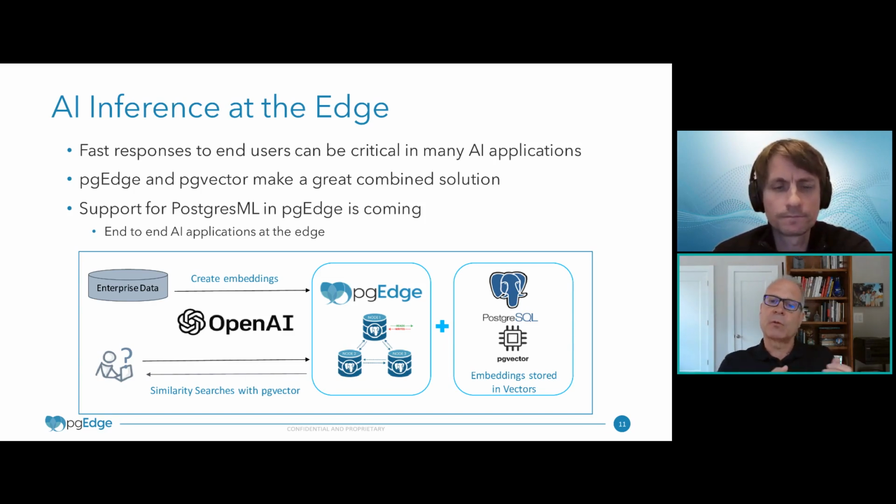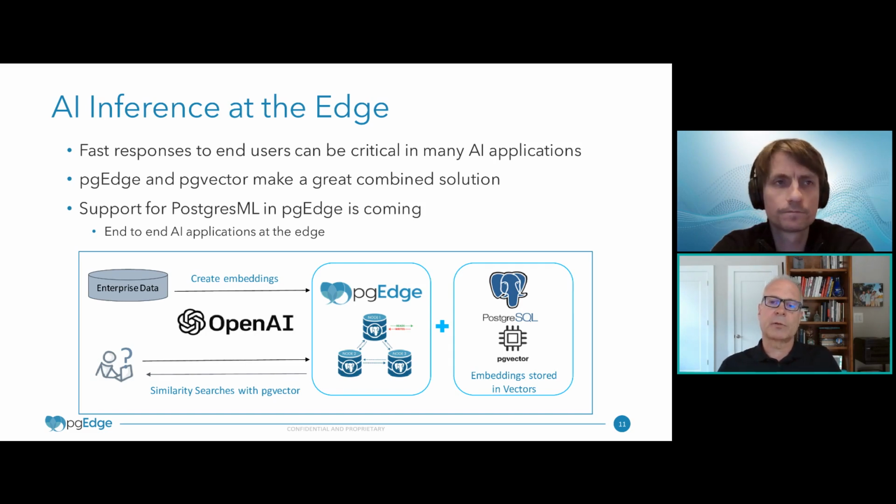We've got customers who are very successfully using pgEdge and the pgvector extension to allow this to happen. So pgvector, if you don't know, is a popular Postgres extension that makes it possible to store vector embeddings in the Postgres database.